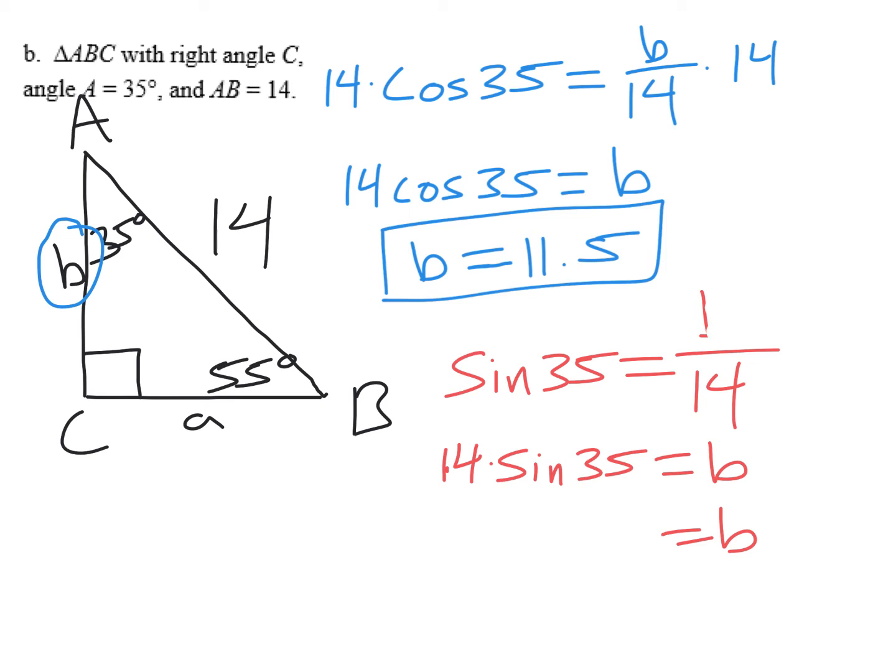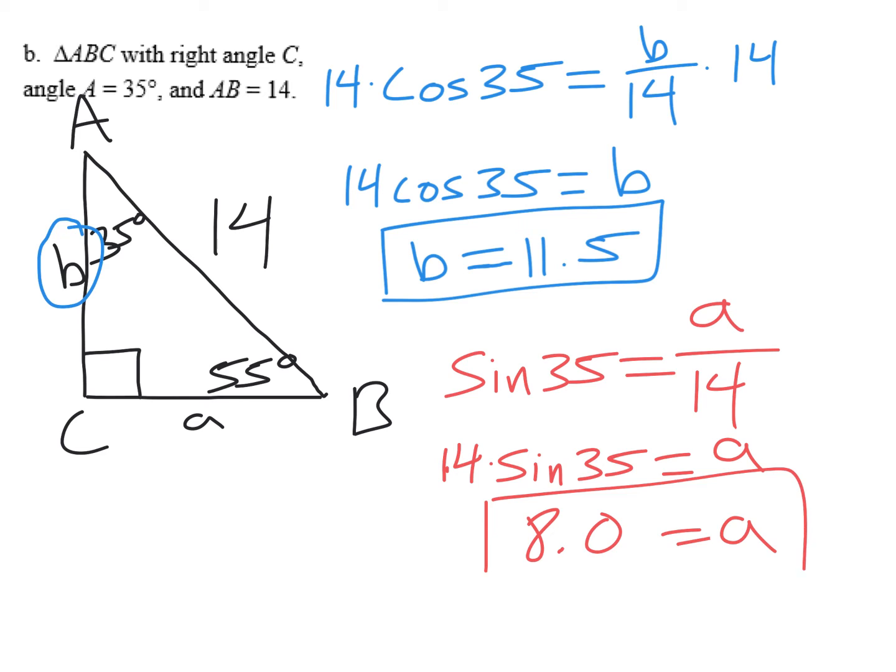Already found B. Not interested in B anymore. I just know that it's 11.5. What I want is A. At the moment, A is still unknown. 14 sine 35 from your calculator should give you right around 8.